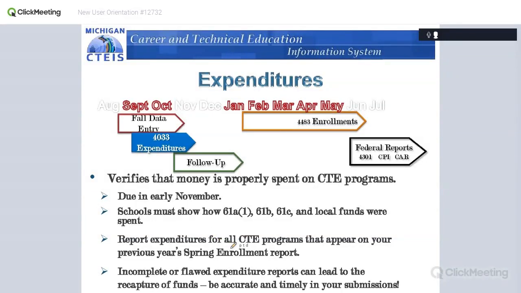So again, we have another course that goes over expenditures, and that will be coming up shortly. And again, it's important that your information be correct, because if your information is not correct, there is an auditing process, and if you don't put the right amount in the right places, you could be subject to recapture of funds. So it's very important that you put this in accurate and timely.